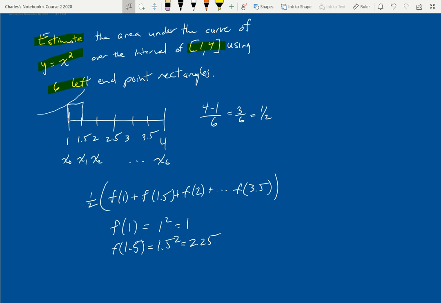Using a pen and paper, maybe a little cell phone calculator, but not a tool like Desmos or a graphing calculator that'll actually do the summation part for you. And do it for right endpoint rectangles too. And then come back when you have it. I'm not going to give you the answer yet. I will give you the answer in a little bit.